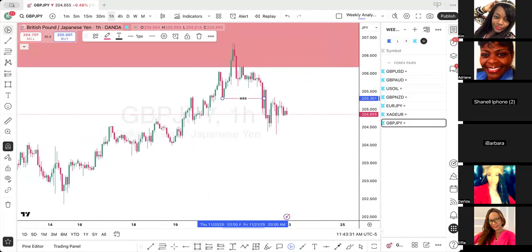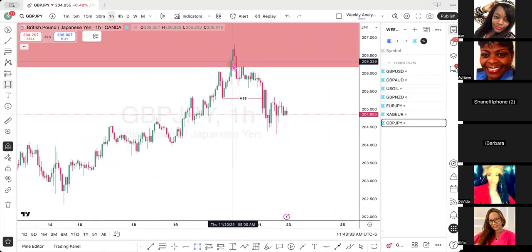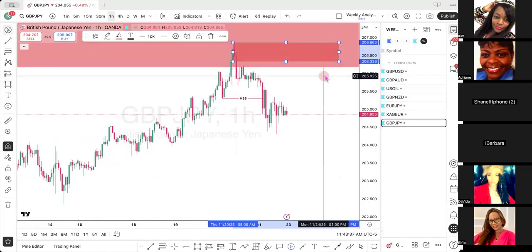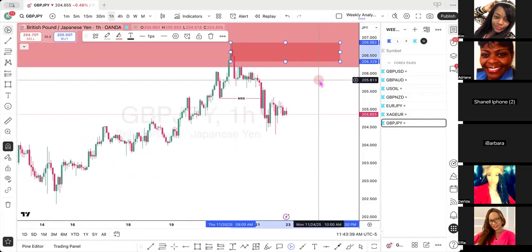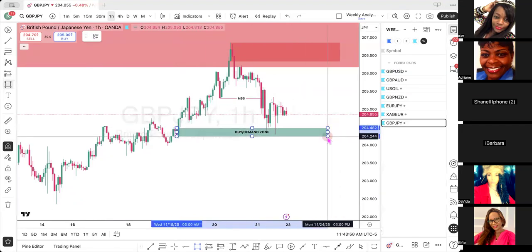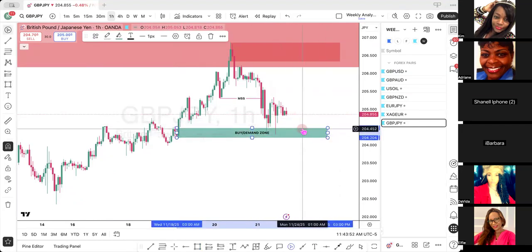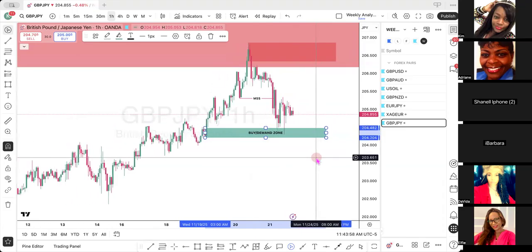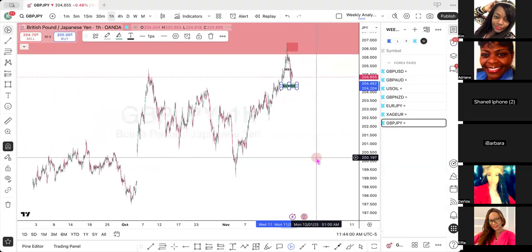So I am expecting price to pull back into this supply zone. It tapped into this demand zone, so I'm hoping that price is going to shift back up to the upside to then start selling back down.